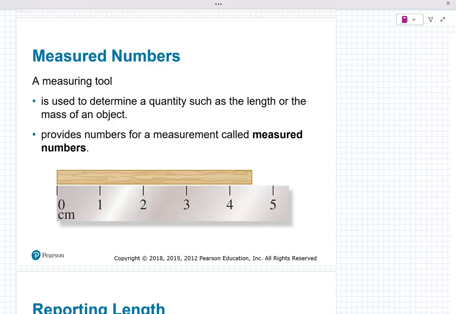Measured numbers, right? Measured numbers are the ones that you produce when you use a ruler or a scale or a graduated cylinder or effectively any other measuring device where the measurement can be subjective. Okay? Does that make sense? So for instance, here we measure the length of that wooden stick. Right?